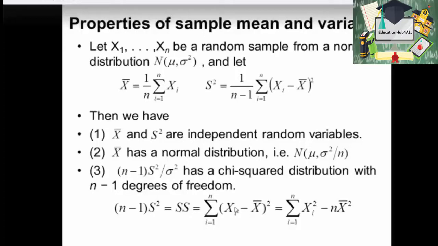But here we can control it. How can we control the variance here? Let's assume sigma square is fixed. How can we change this number here? No, I mean the population variance is fixed.